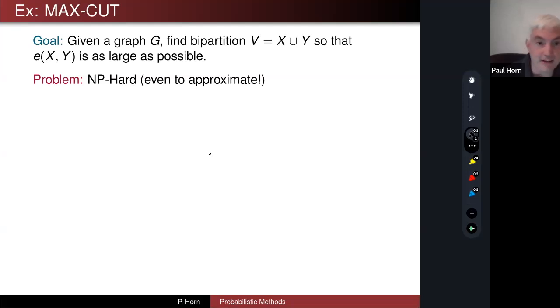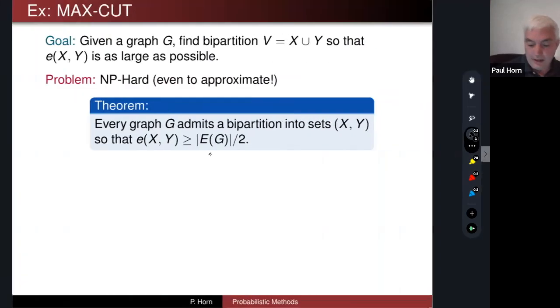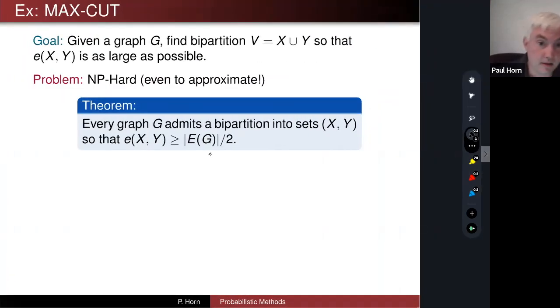And finding this, or even approximating it closely enough, is NP hard. So it's NP hard to approximate this within a large enough factor. Nonetheless, there is at least something you can do.